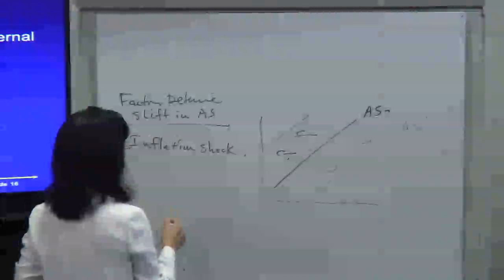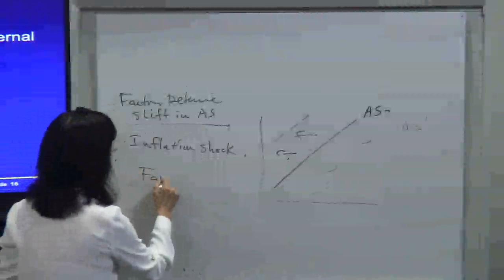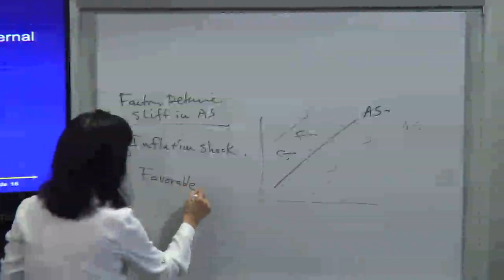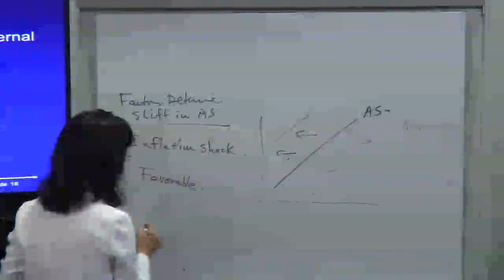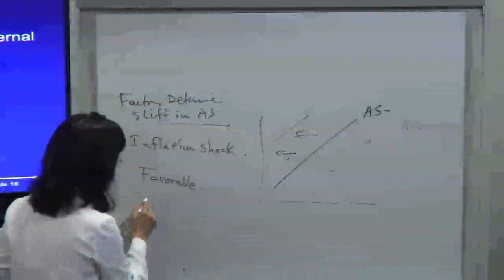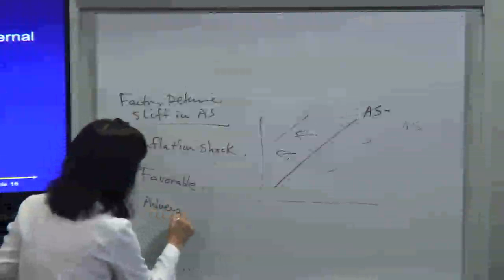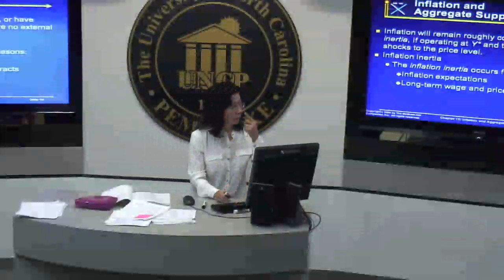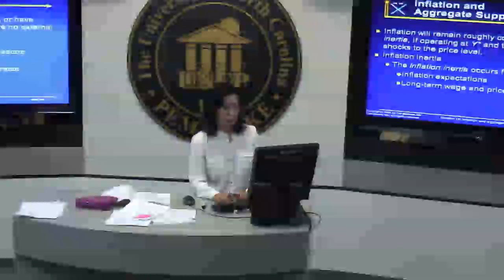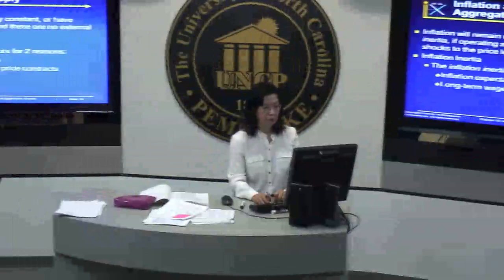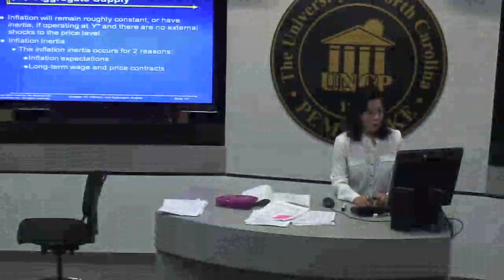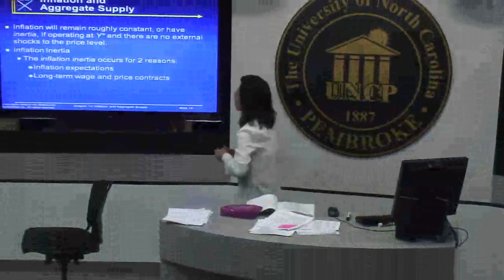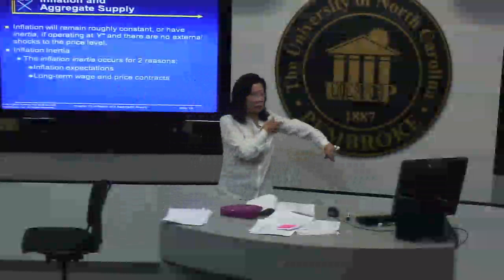Now, inflation shock. There are two different types of inflation shock. One is called favorable, another is called adverse. This is your homework question. We're going to talk about that shift in the aggregate supply curve, but before that, let's go back to that inertia, explaining the aggregate supply curve.